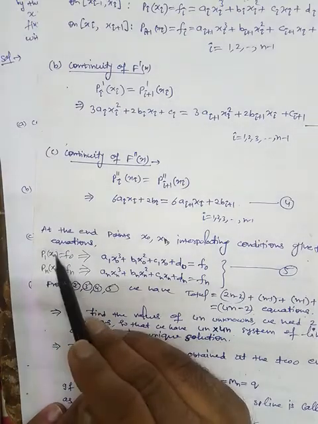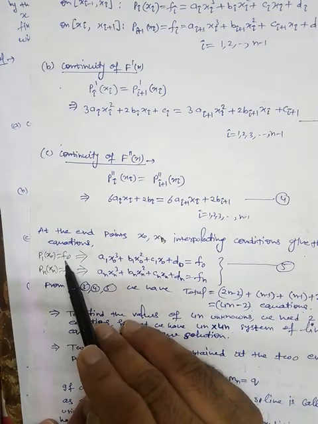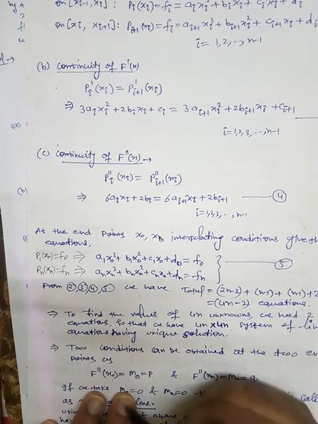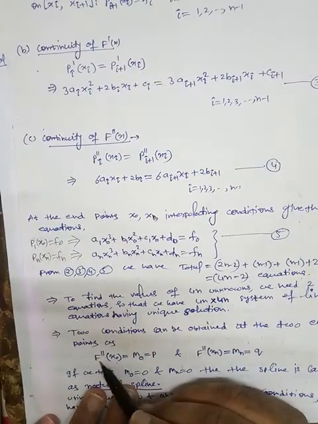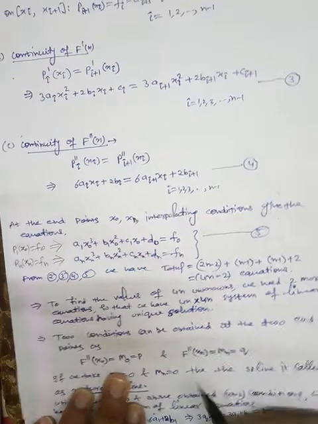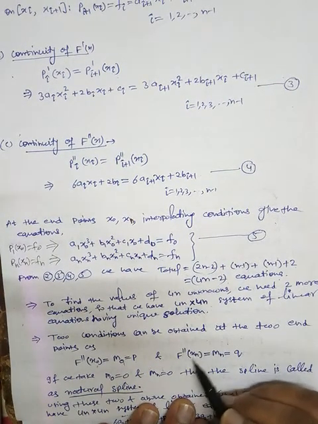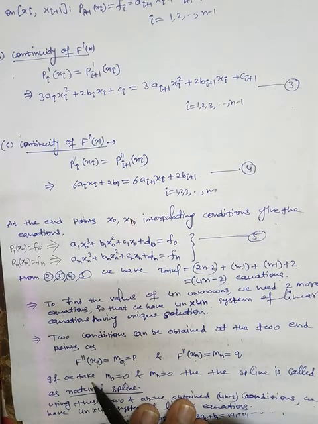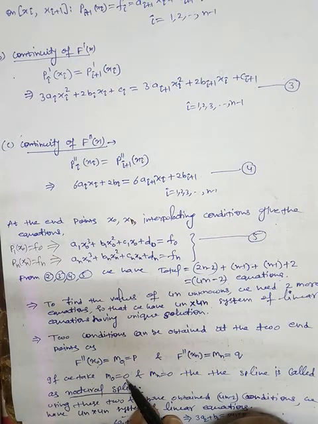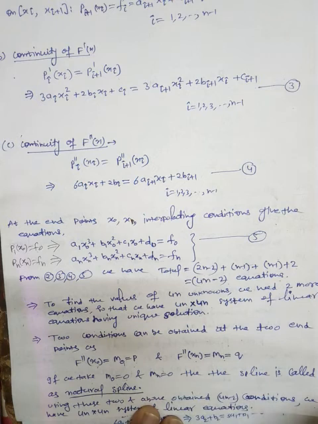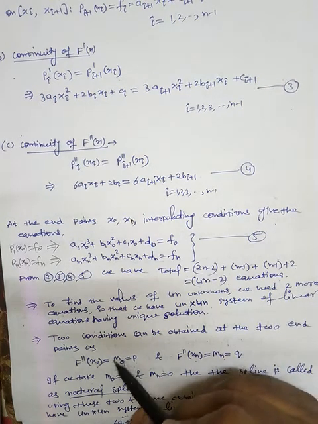Here at this endpoint only the value of the function is given to satisfy the interpolating condition, but here the second derivative value is given. So here the second derivative of the function at x0 is denoted by M0. Similarly, f double dash at xn is equal to Mn. These are constant values which will be given to you to find the unique cubic spline, and in general they are given as 0.